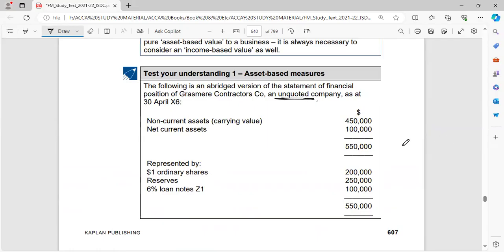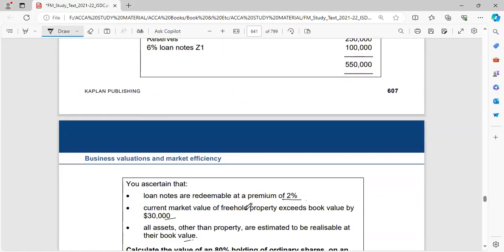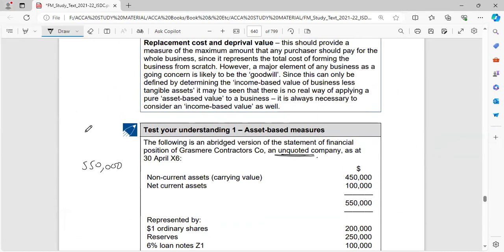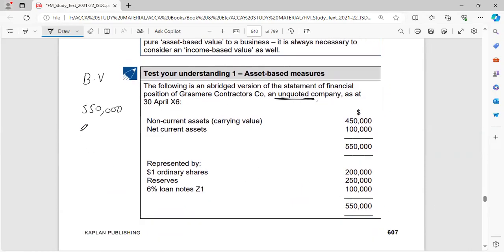If I simply use asset basis, total assets are what? 550,000. He is saying current market value exceeds book value by 30,000. All are estimated to be realizable at their book value. If I am using only book value, then I will say 550,000 minus long-term loans 100,000 is equal to equity of 450,000.